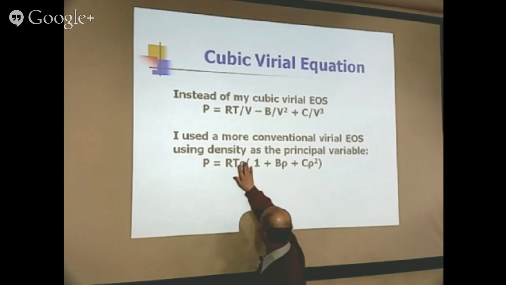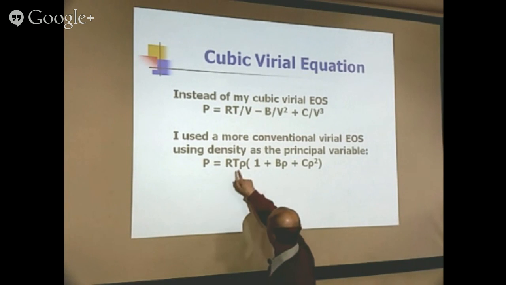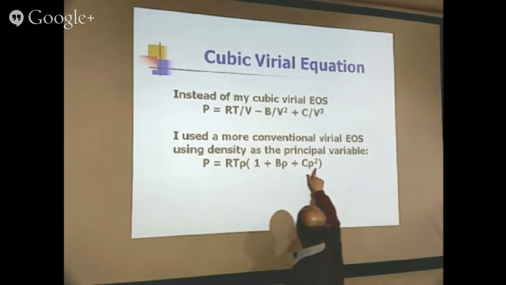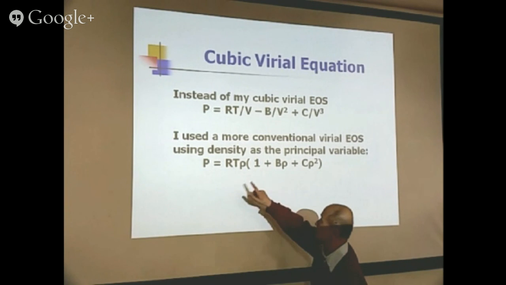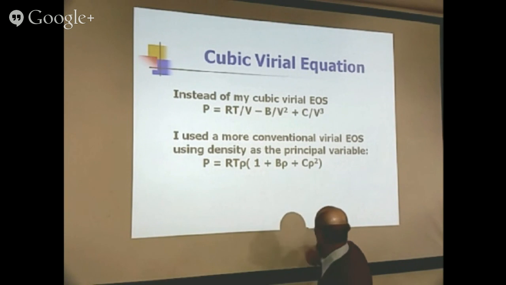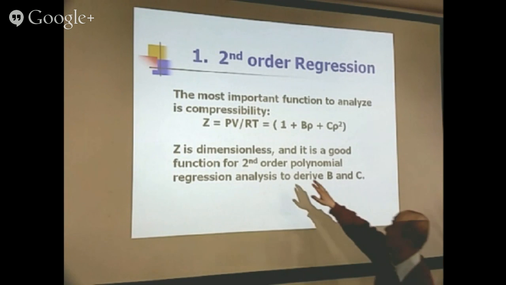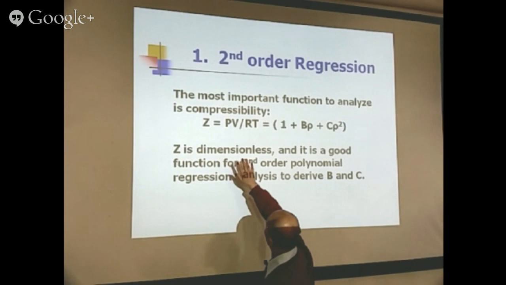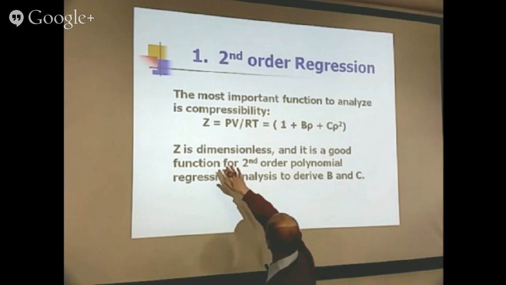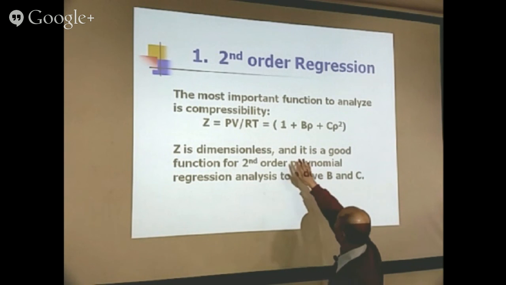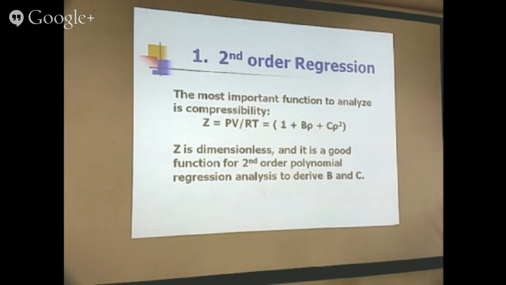Then we have to analyze the pressure-density relation using the compressibility equation. If you convert the PVT data into Z, you can analyze it with a second order polynomial. Z is dimensionless, a good function for second order polynomial regression analysis.